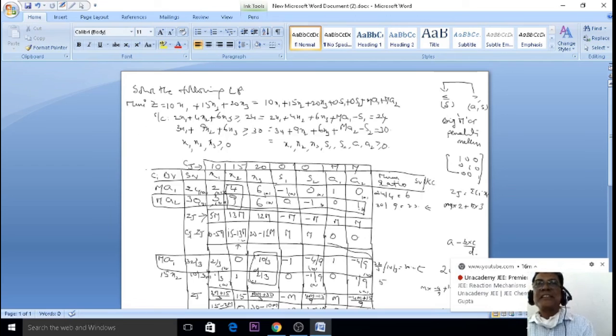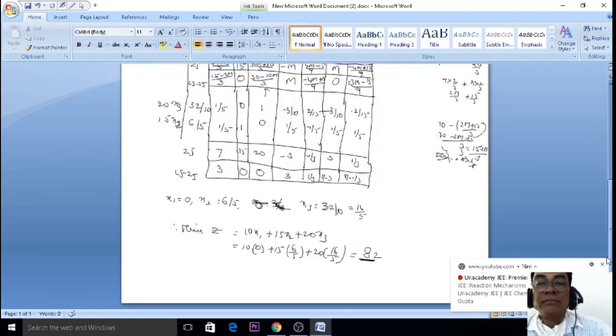The simplex table is constant. Only the number of columns sometimes increases, sometimes is less or more, depending upon the given question. Don't confuse it. This is the basic concept of the given problem. Thank you.